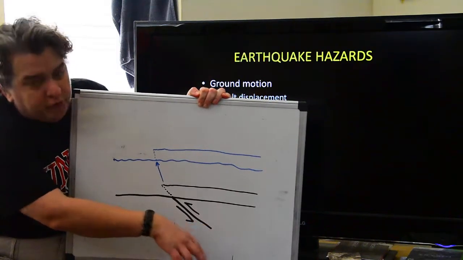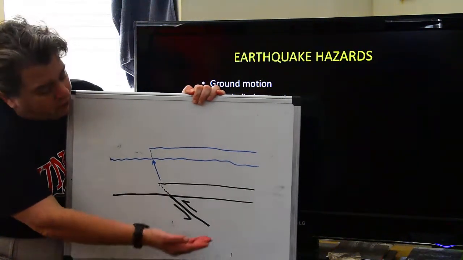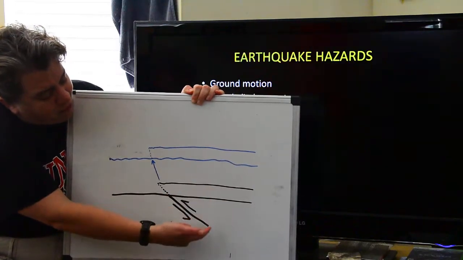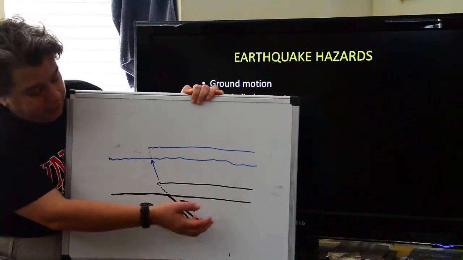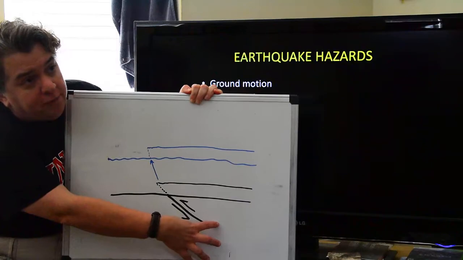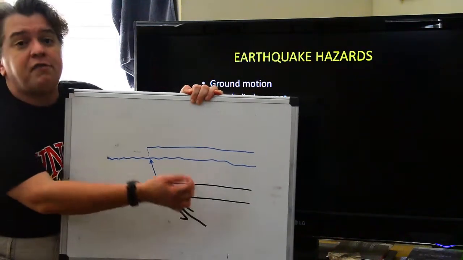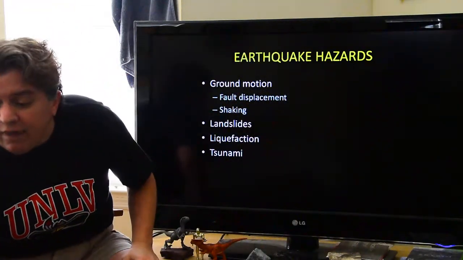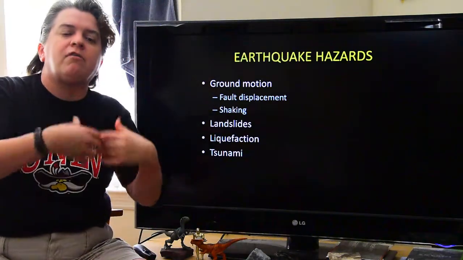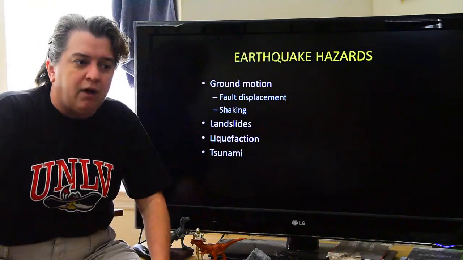Because if the earthquake is 600 kilometers underground, it's not going to move the sea floor. So we need a shallow focus earthquake where the sea floor moves. And when that sea floor is shoved upwards, that's what creates the tsunami.